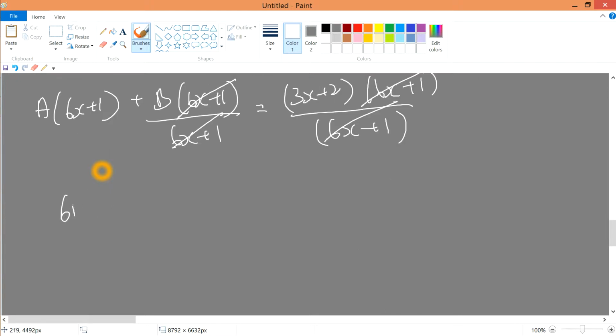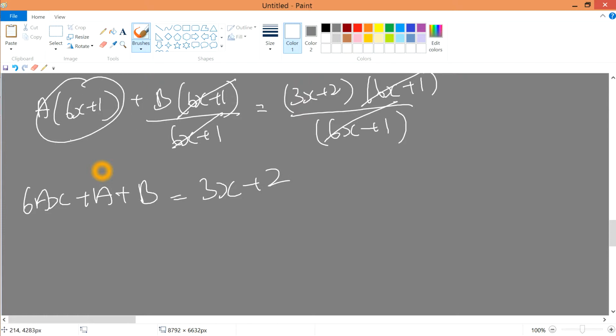I would have 6ax plus a equals 3x plus 2. Now I forgot plus b also. I'm very tired. Plus b, because there is some b over here, so I expand this, and this one is the leftover here.